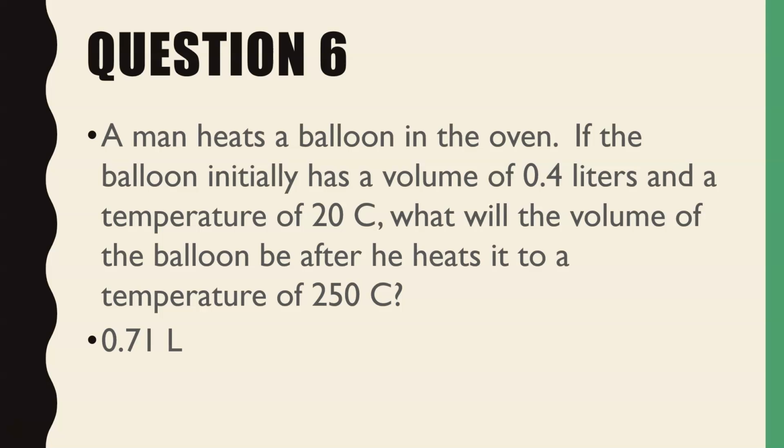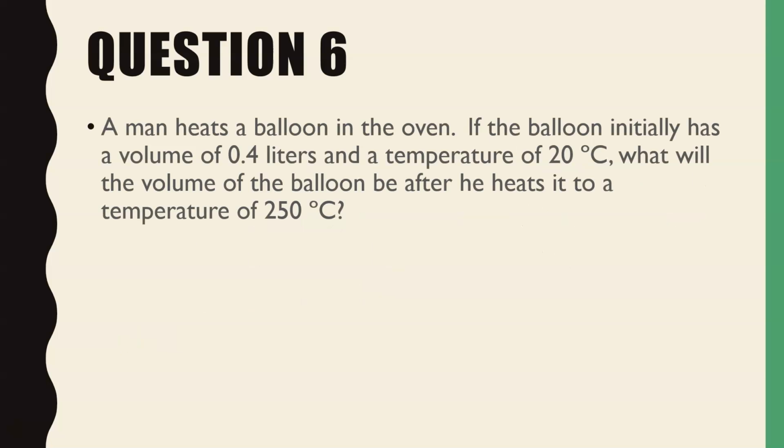Let's see how we would have gotten that answer. So when I read my problem, it becomes apparent that I'm given a volume, 0.4 liters, and a temperature, 20 degrees Celsius. And then I'm being asked about the volume, and I'm being given a second temperature. So that means that I have a V1 divided by T1 equals V2 divided by T2 problem.